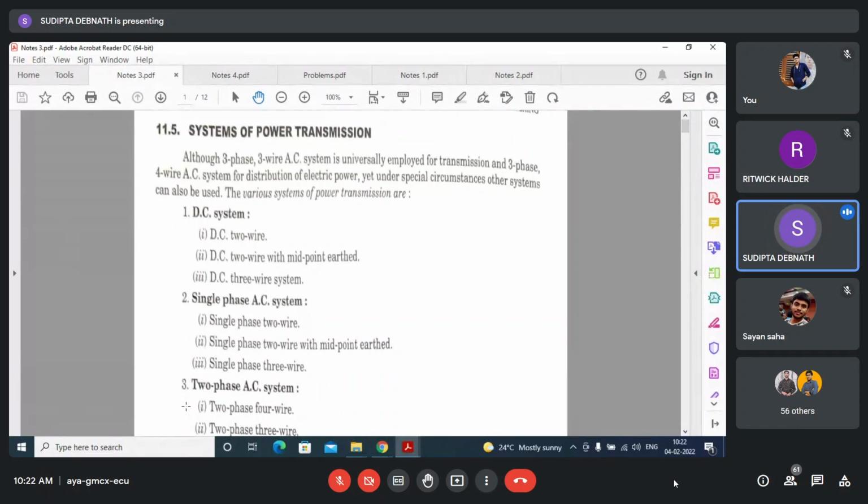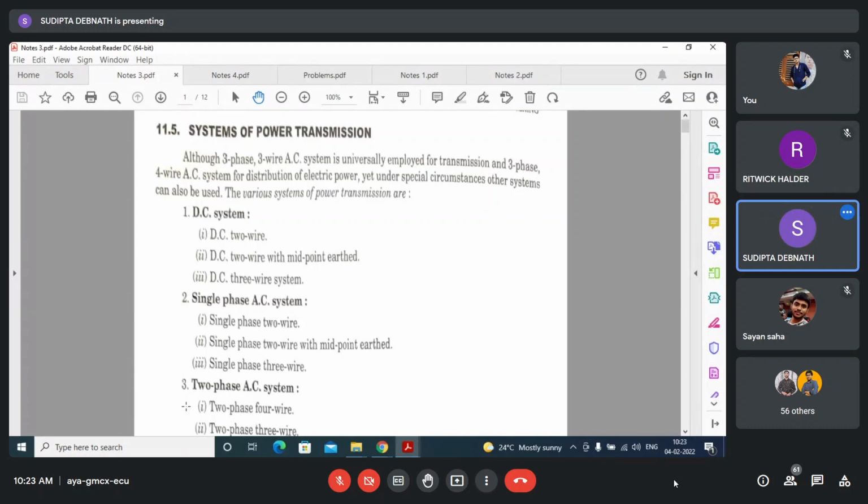Obviously for a 100 kilometer line it will be more. So if the length is constant, the remaining thing is only the cross-sectional area A. If A is less, then the volume of conductor material requirement will be less.